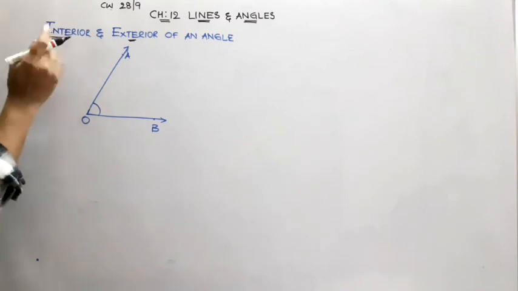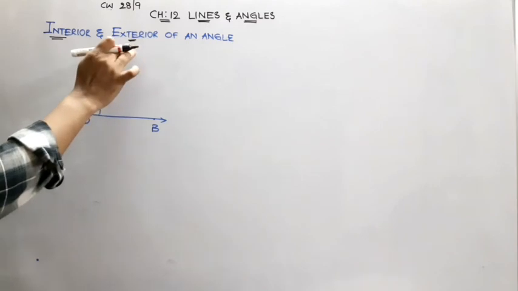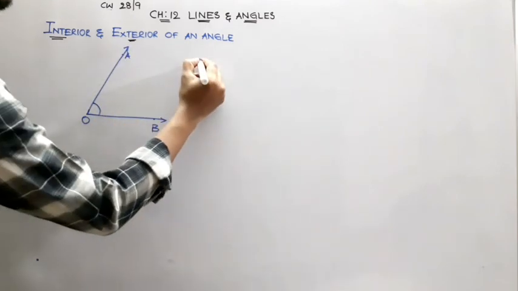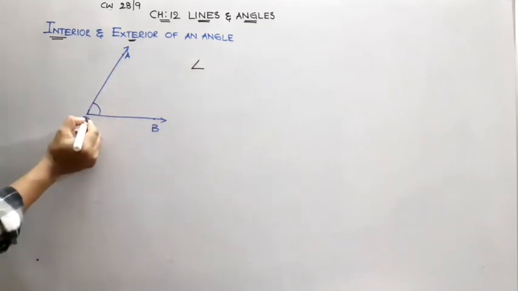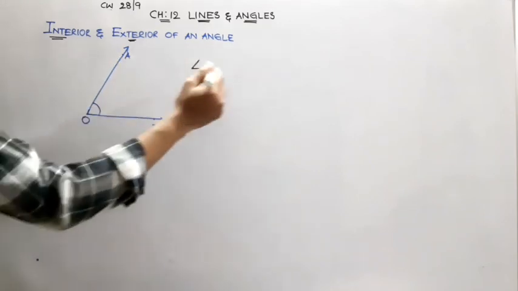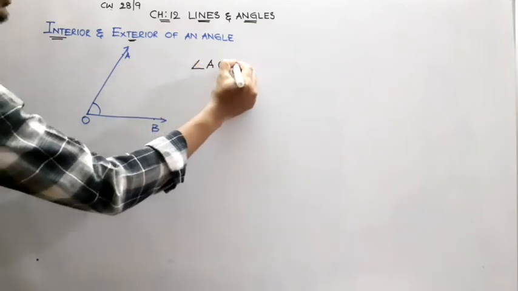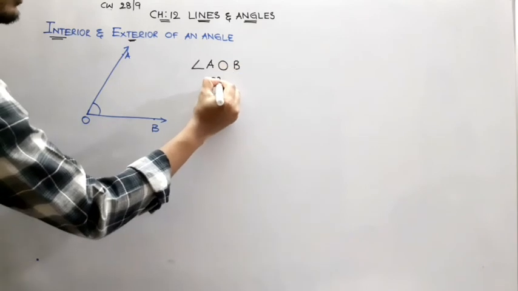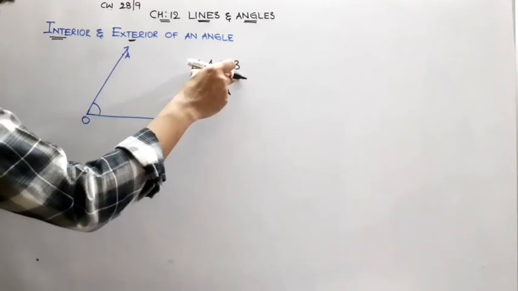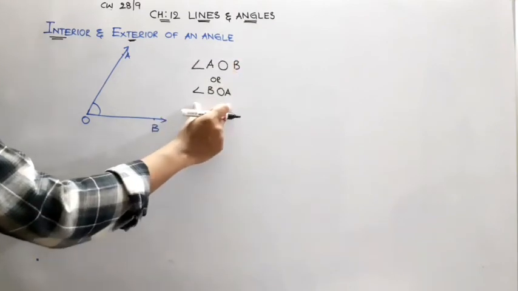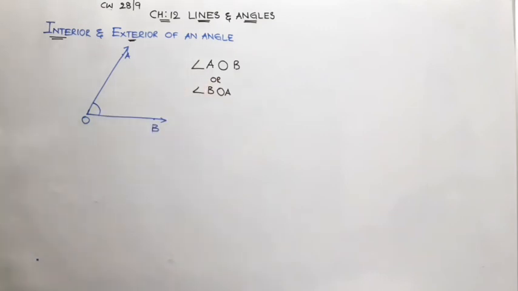So in this angle AOB, we write the symbol for the angle like this, and the initial point common to both the rays is O, which will come in the middle. Please be careful, children. Either we write AOB or we write BOA. Both are the same. Don't treat them as separate angles.